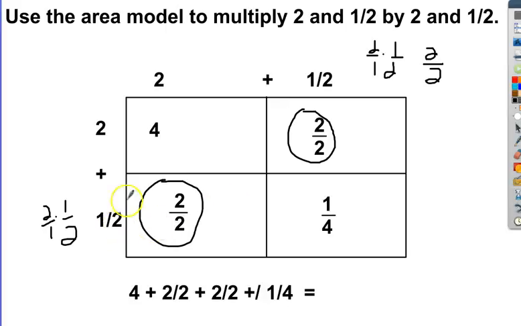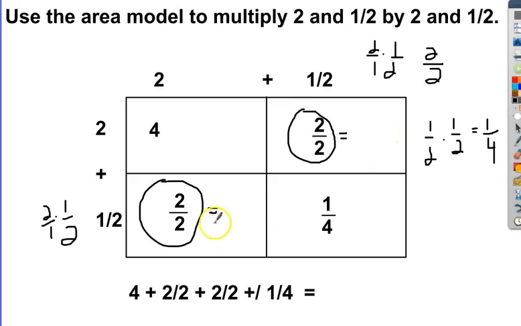Now I'm going to multiply 1/2 times 1/2. Using the multiply across rule, 1 times 1 is 1. 2 times 2 is 4. And I have 1/4. And then you add everything up. But this is what I want the discussion about. 2 halves. Do I really need to find equivalent fractions for 2 and 4?